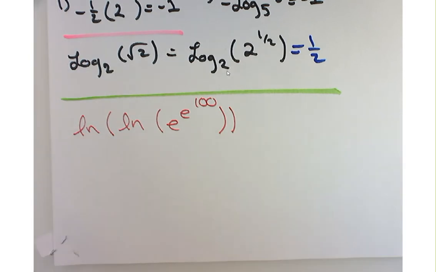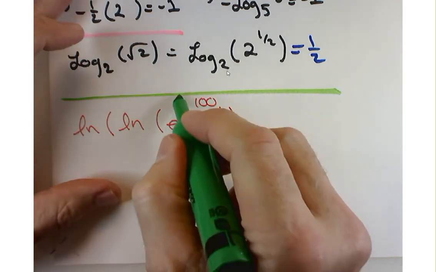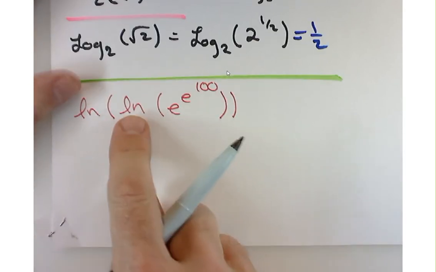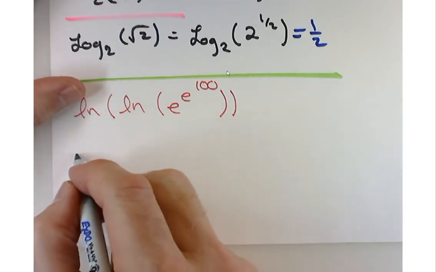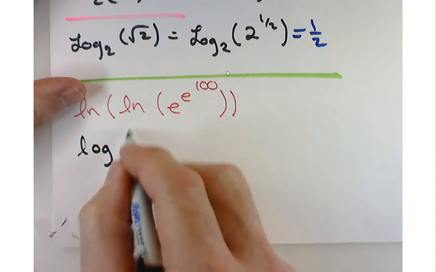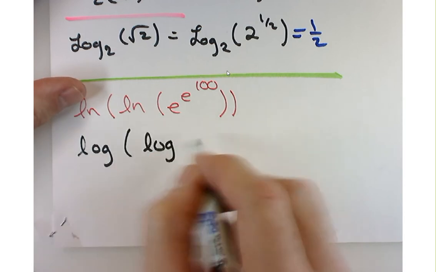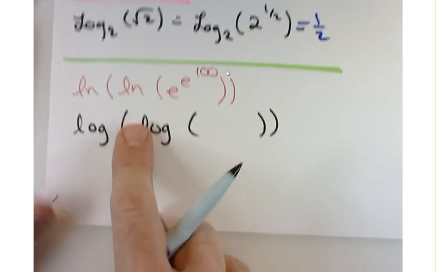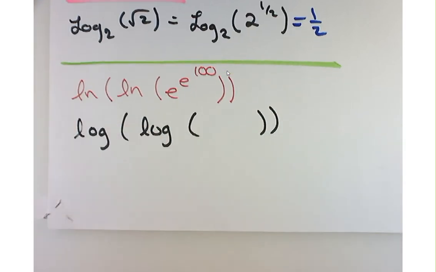Now, how do you work on this one? Well, the key in this one is to realize a couple things. One of the things I'll remind you about first is that ln is really a different notation than I sometimes write. ln is log of what base? It's log base e.